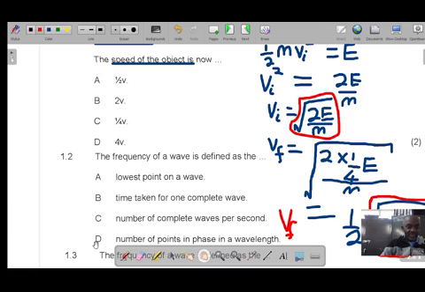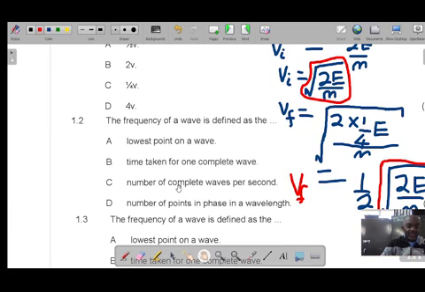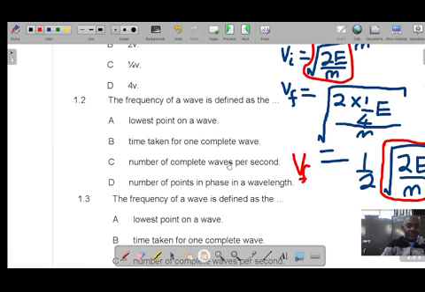Let us proceed here. The next question says that the frequency of a wave is defined as the, what is it here, guys? The number of complete waves per second. That's our answer. In case you forget, revise your notes. Frequency of a wave is defined as the number of complete waves passing a fixed point in 1 second.